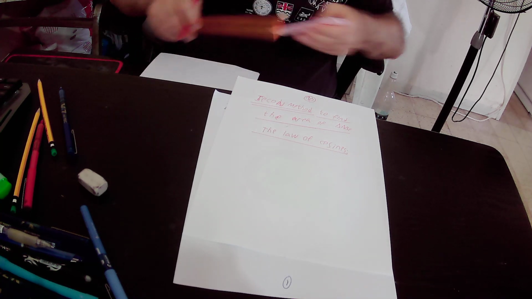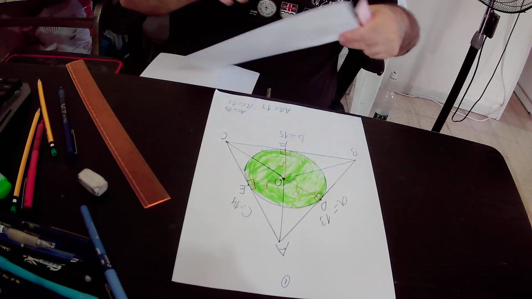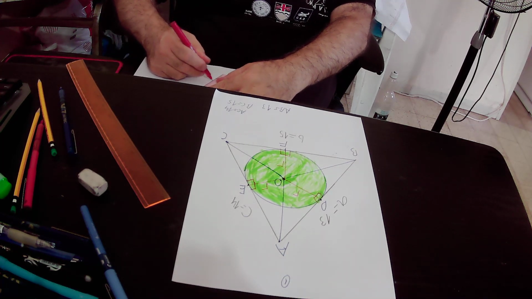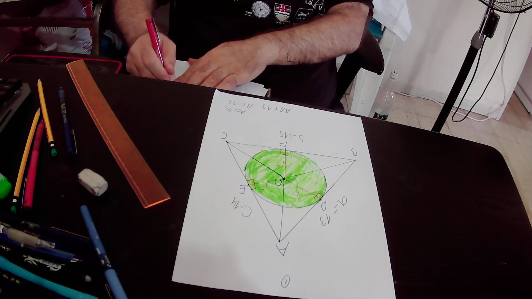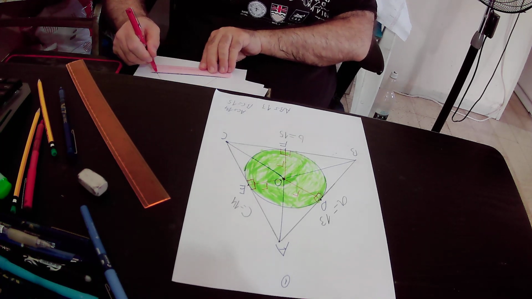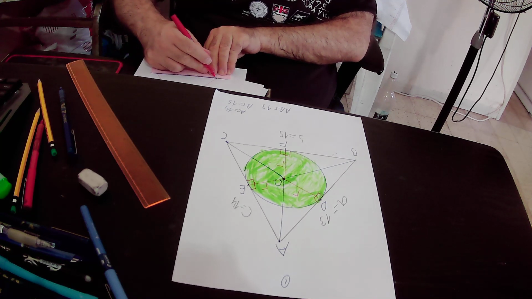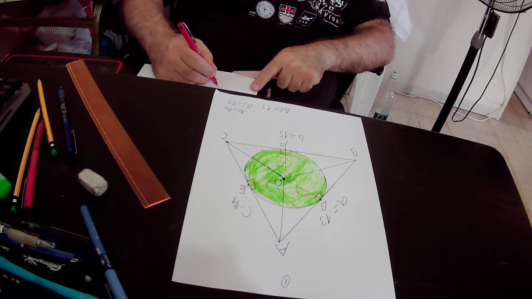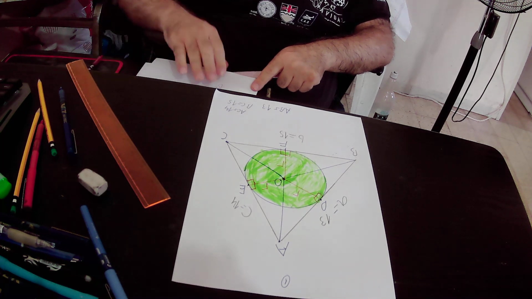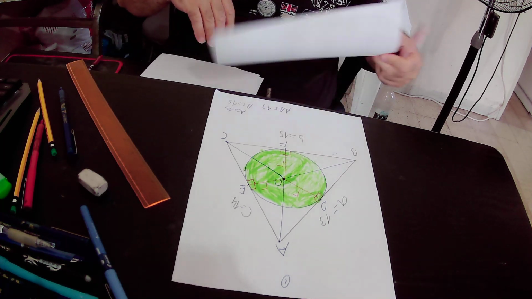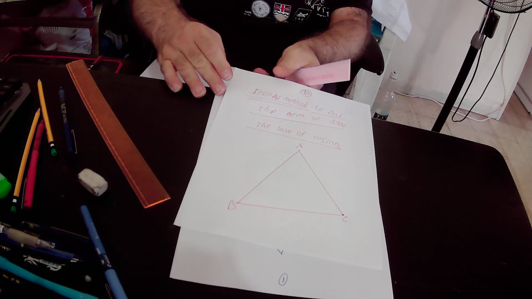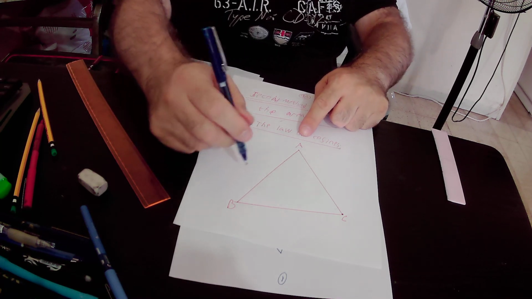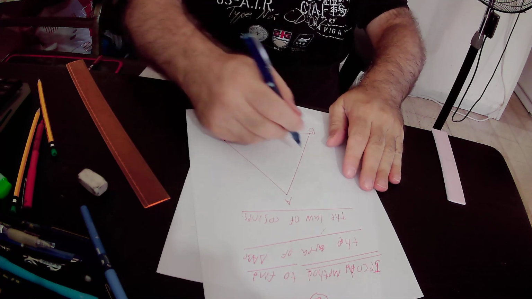So if we have triangle ABC, we know that side AB of this red triangle equals a.